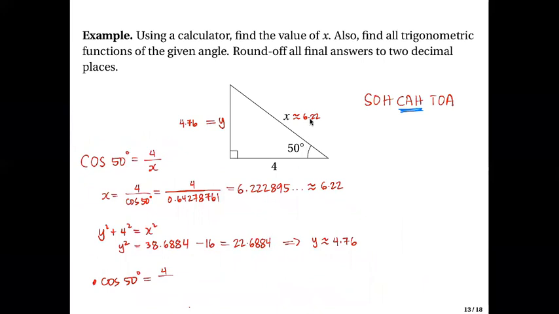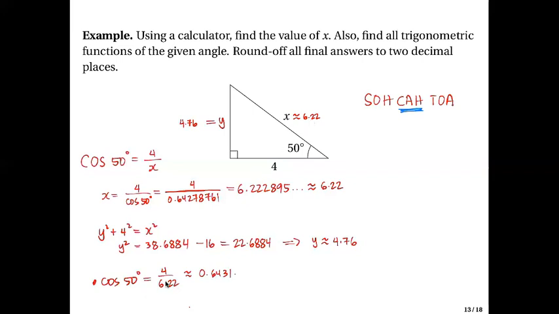Anyway, let's use 6.22. So cosine 50 degrees is approximately 4 divided by 6.22, which is approximately equal to 0.6431.